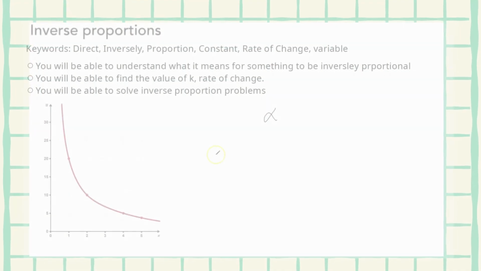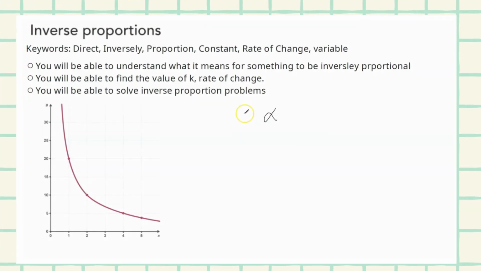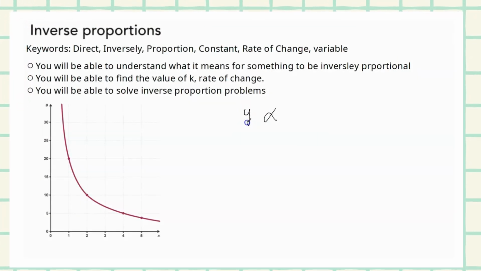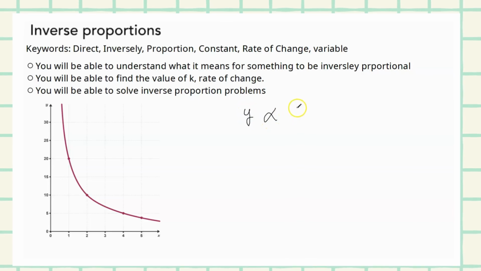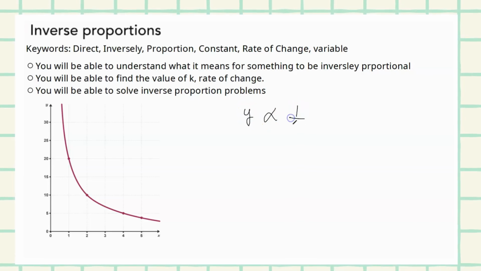Y is inversely proportional to x, so we would write y, and we use this symbol and we put 1 over x. In mathematical terms, it means that y is equal to some value or constant k times 1 over x. Or you can write y is equal to k over x.